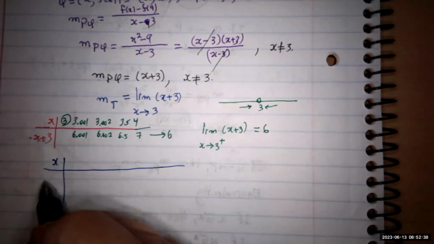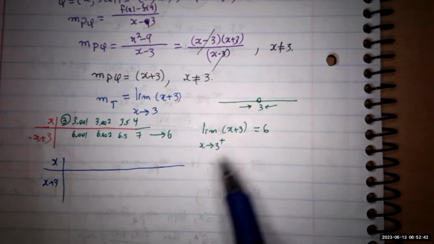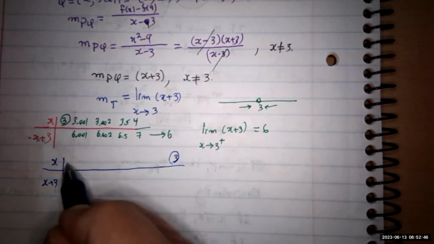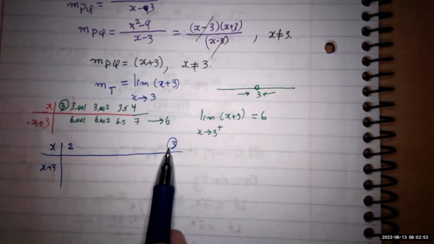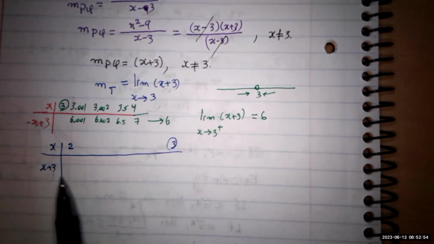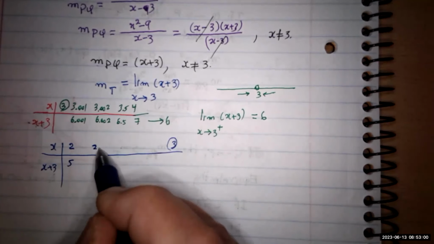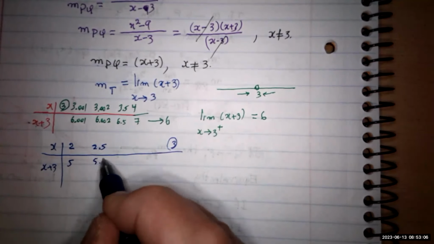That's again the x, and that's going to be x plus 3. We want to pick the numbers less than 3, so we pick the 3 here. Now we go from this direction. You may go up to the 2. Just pick some numbers close to 3 from the other angle. So if x is equal to 2, 2 plus 3 would be 5. If you get something like 2.5, that gives you 5.5.